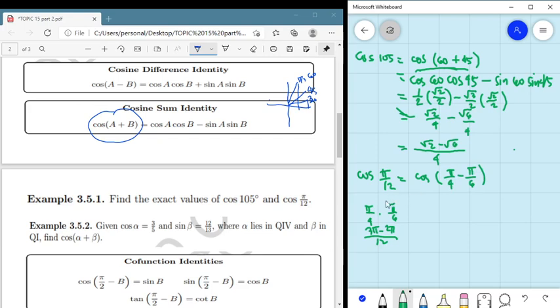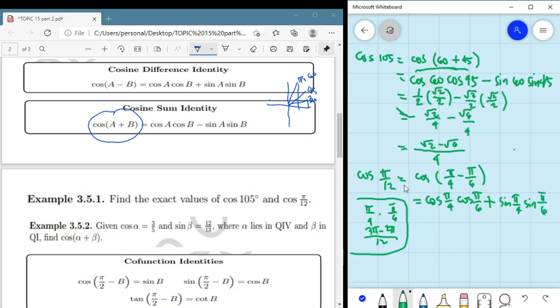Okay? And this will be the same as cosine of pi over 4, cosine of pi over 6. Since this is minus, it should be plus here, and then sine pi over 4, sine pi over 6.